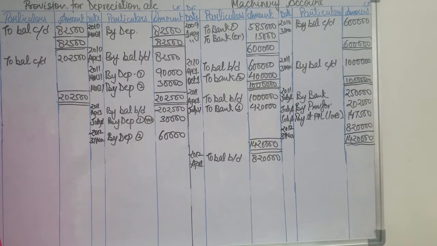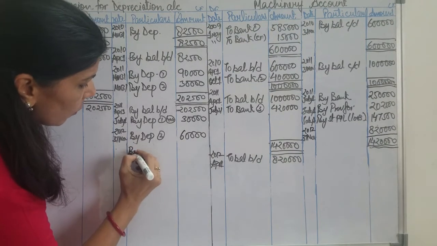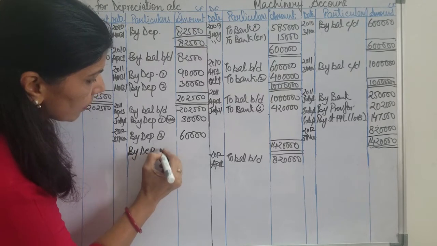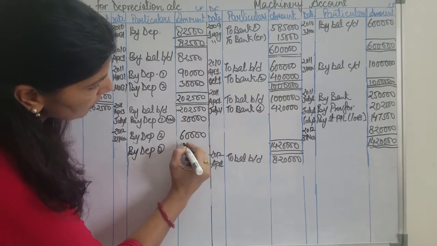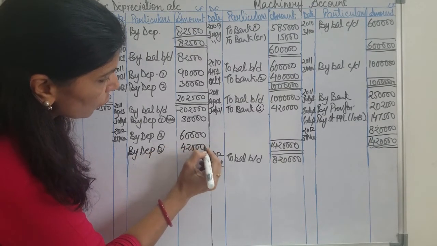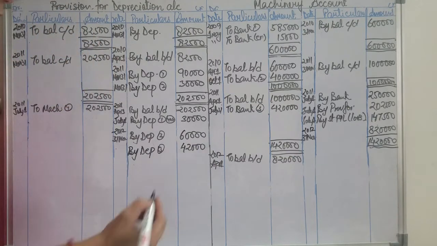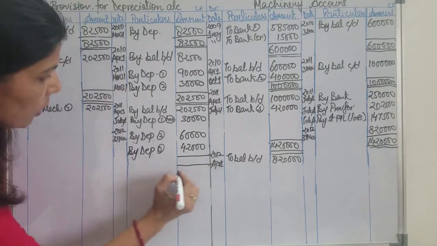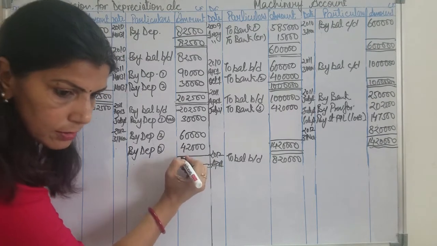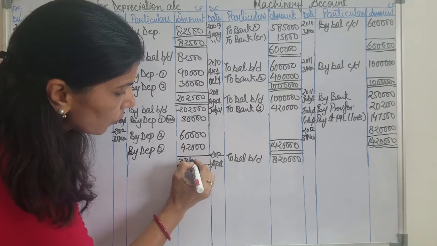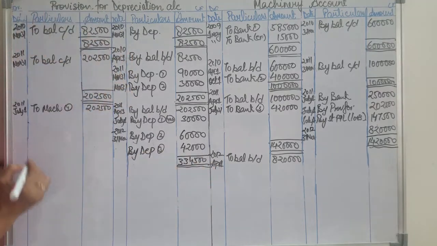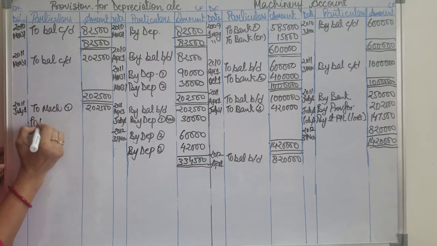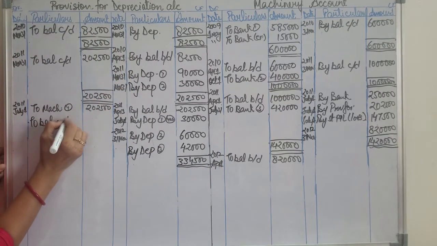And for machinery 3, only 8 months depreciation will be provided as it was purchased on 31st July. So 8 months depreciation comes to 42,000. Now again balance the account and transfer the amount. Okay, so it is 3,34,500 here, and to balance carried down.